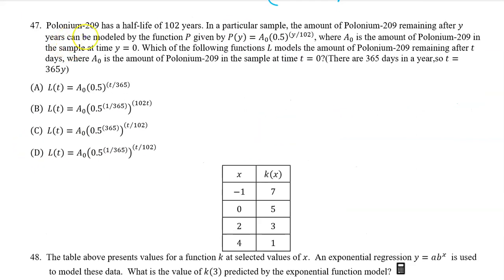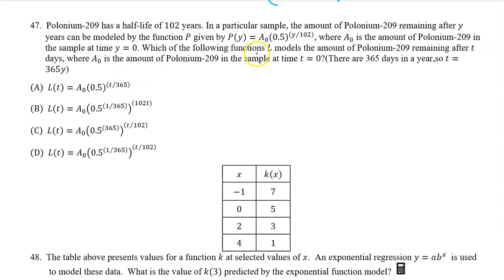47. Polonium-209 has a half-life of 102 years. In a particular sample, the amount of polonium-209 remaining after y years can be modeled by the function p, given by p at y equals a0 times 0.5 to the y over 102 power, where a0 is the amount of polonium-209 in the sample at time y equals 0.